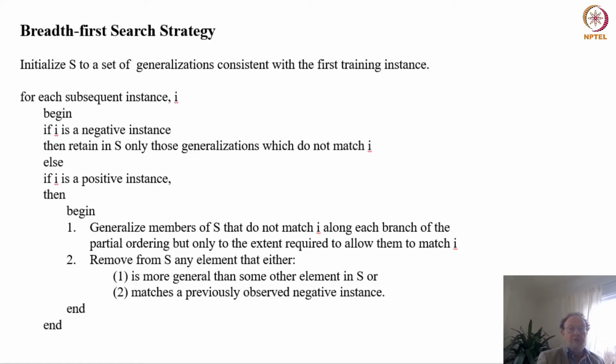Or it could also be that there are elements in S that now match a previously observed negative instance, and that we cannot allow. So those elements also have to be removed. So this is the pseudocode for this algorithm.